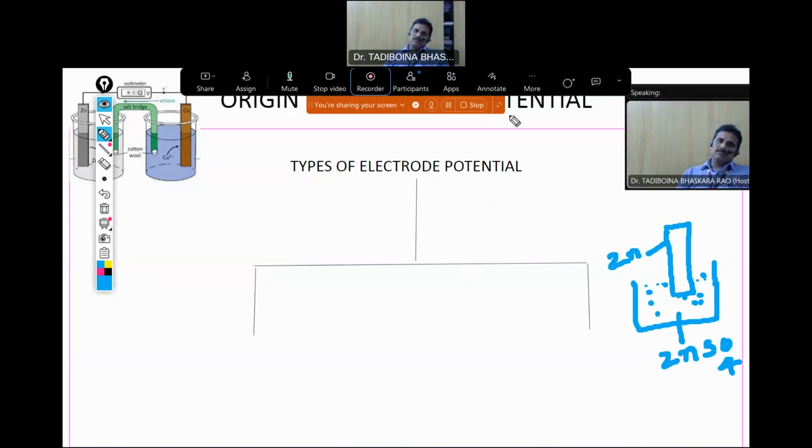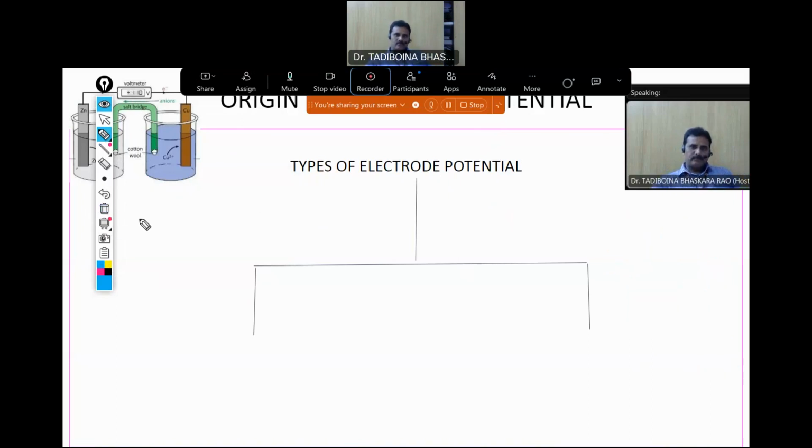Thus, two types of potentials are there. One is the oxidation potential, another one is the reduction potential. For example, if any electrode is dipped in its own salt solution, what happens?